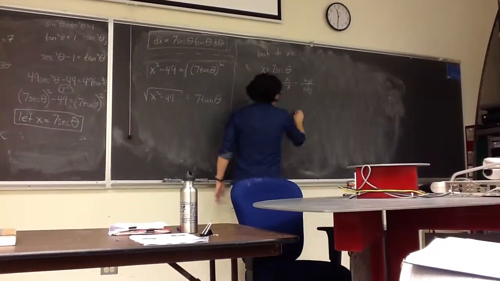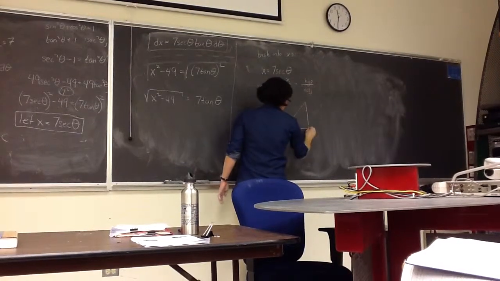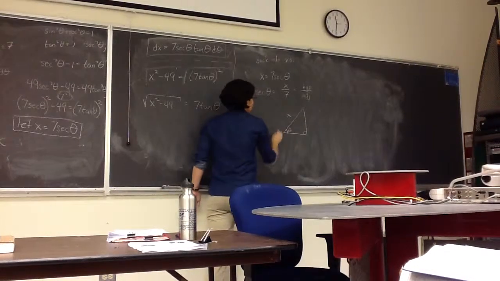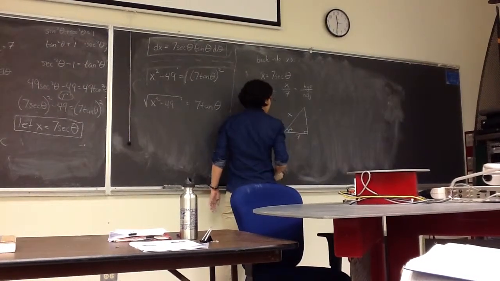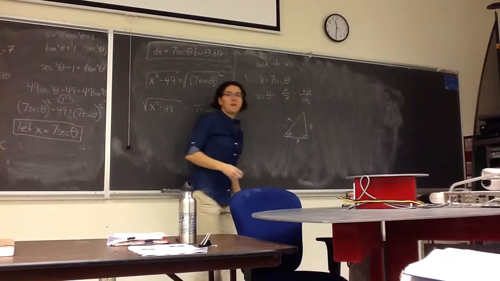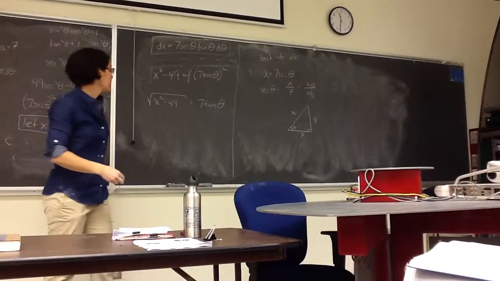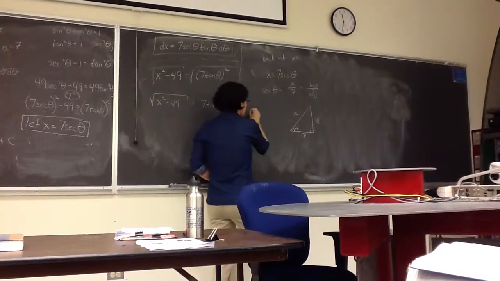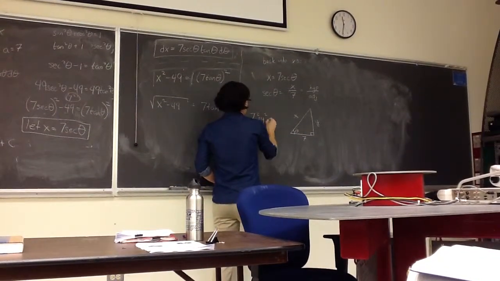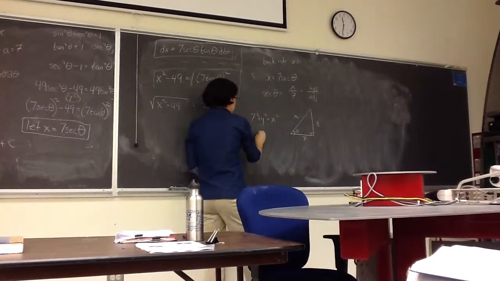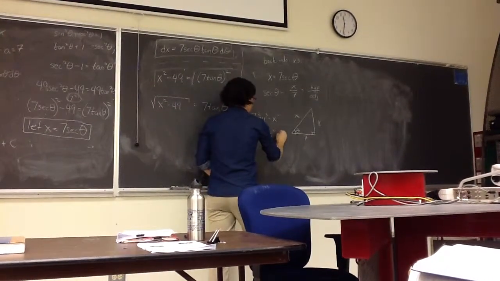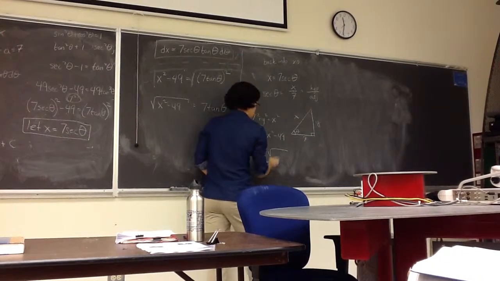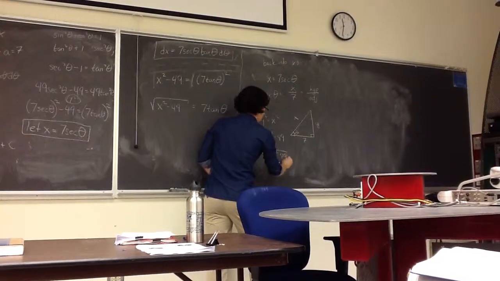So when I draw my picture, my hypotenuse is x, my adjacent is 7, and I need to figure out my opposite side. We've got 7 squared plus opposite side squared equal to x squared, which means our opposite side squared is x squared minus 49. So our opposite side is the square root of x squared minus 49.